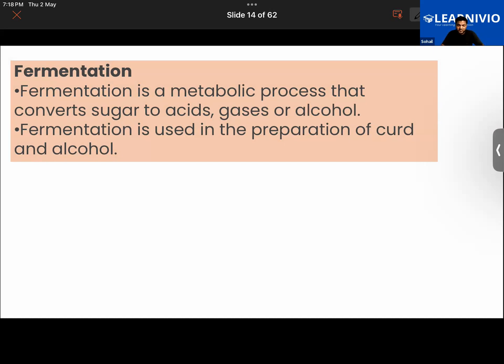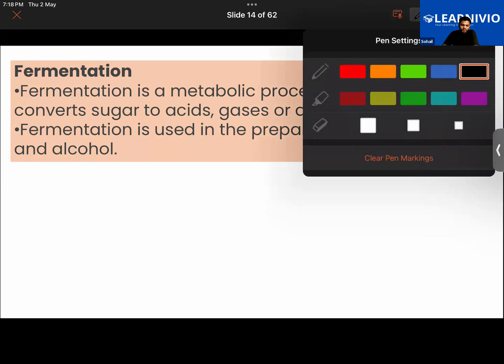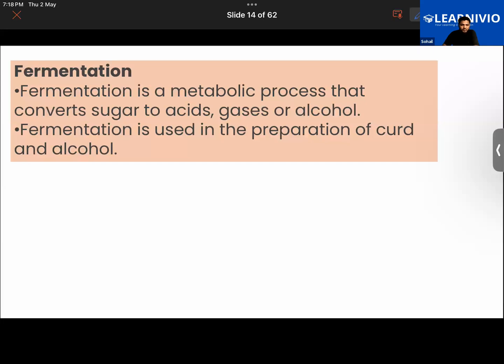What is fermentation? Anyone who knows what fermentation is? Fermentation is a process in which molecules are broken down, while doing an anaerobic thing.